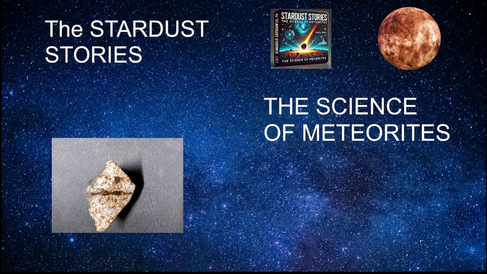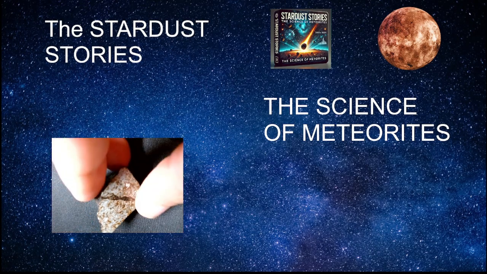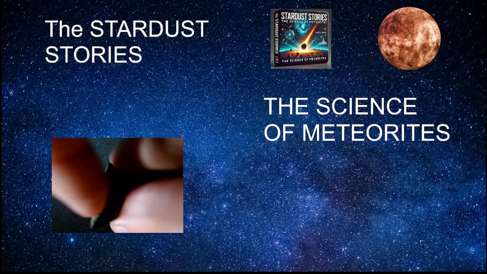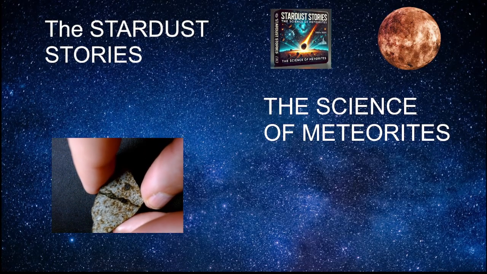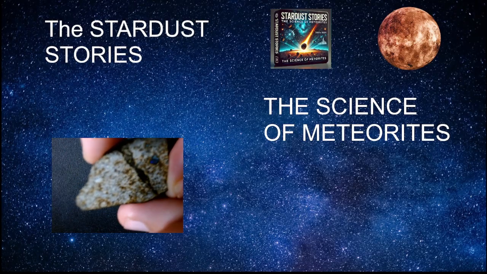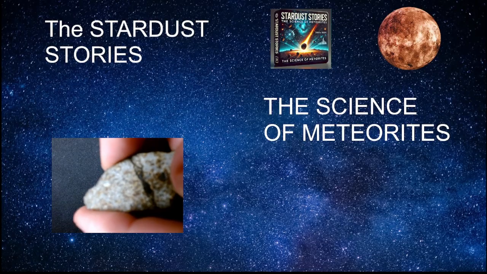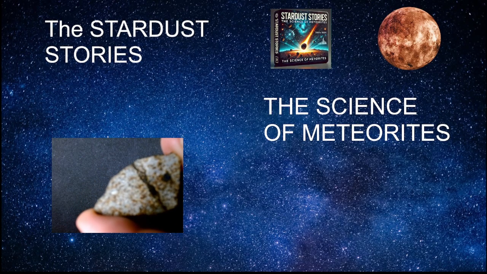Another feature that could be important, other than the fusion crust, which is a very diagnostic feature, other than the presence of melt veins or even chondrules, like on this particular meteorite.